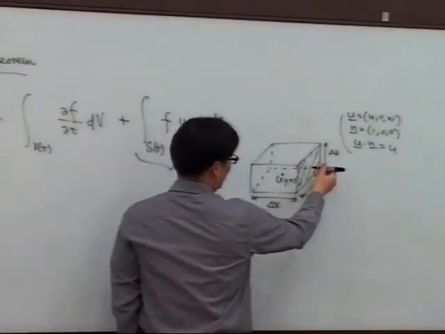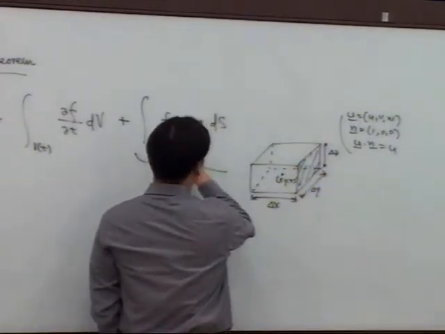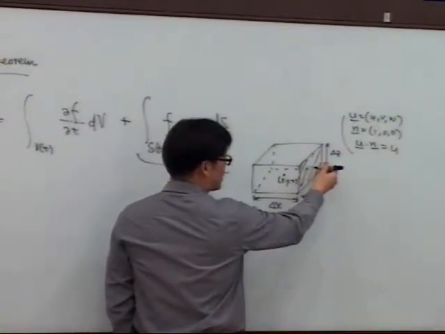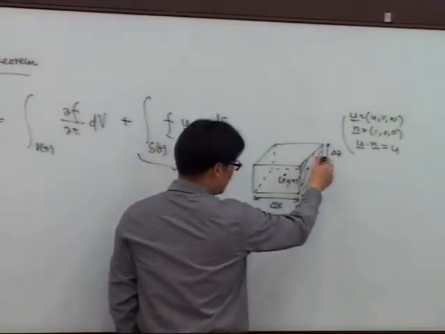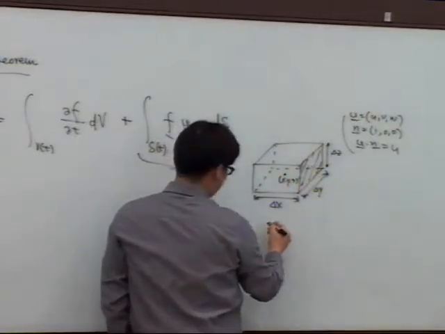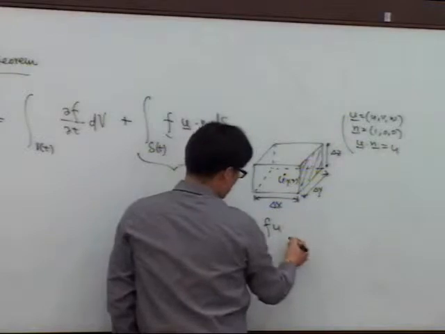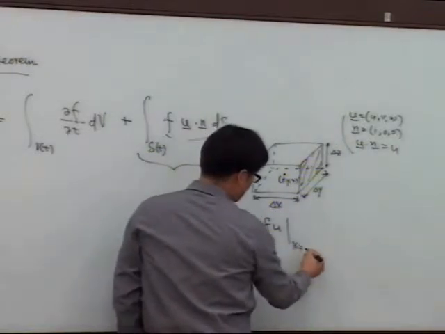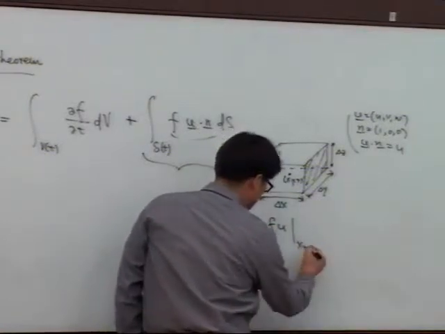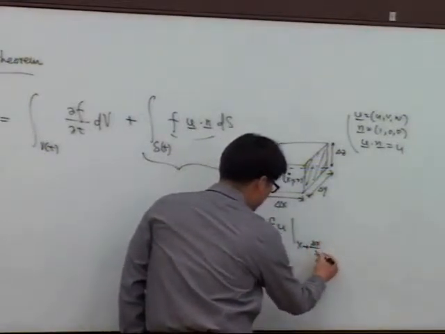So you have to evaluate f times u at x equal to x plus delta x divided by 2. Okay, that's the location of this face. And so what you did is f u evaluated at x plus delta x over 2.